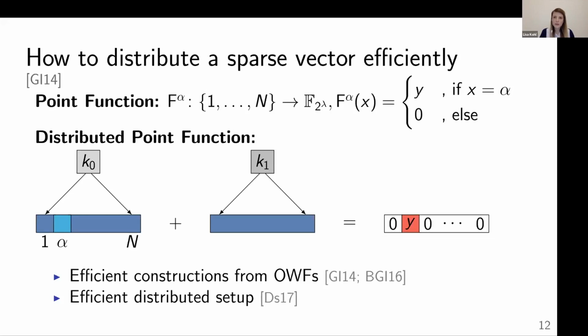Now that you've seen this, we have a distributed point function, so we can compress a unit vector between two parties. And as we can compress a unit vector, we can compress any sparse vector. Those two slides are actually all you need to know; you should now already know how to do a PCG from learning parity with noise.